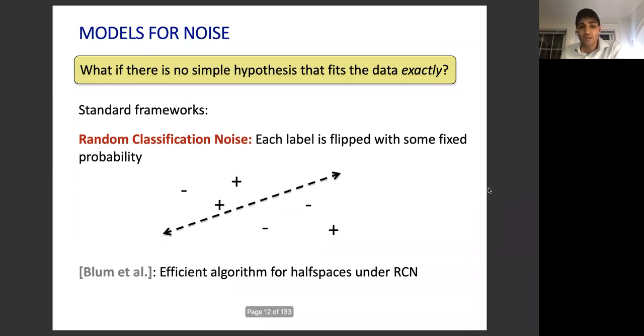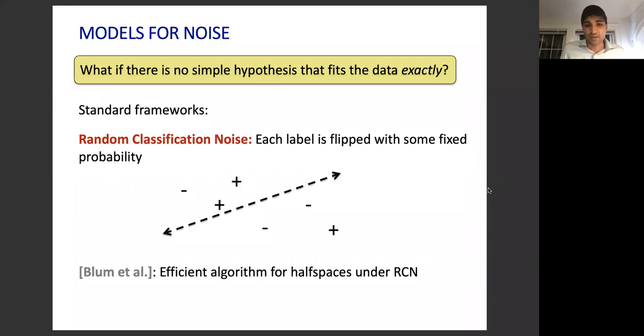Now, it turns out that assuming that the noise is stochastic, is random in this way, and is the same across all of the different data points and is independent, is actually a fairly benign model for noise. And there are provable and computationally efficient algorithms for learning under these particular models of noise, like RCN. There's an older algorithm of Blum et al., which I'll talk a little bit more about later.